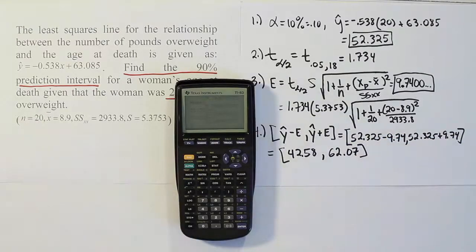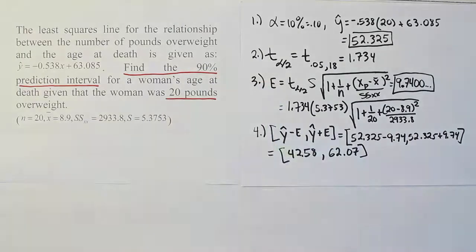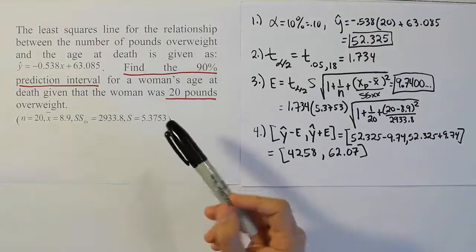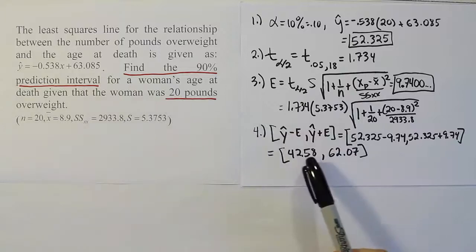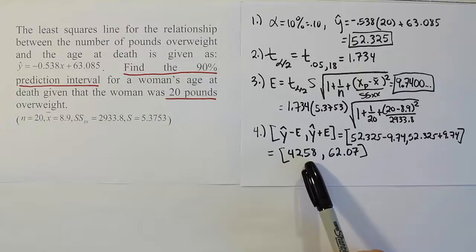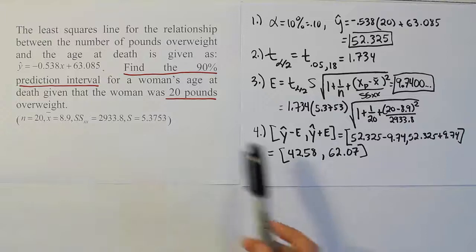Okay, so according to this interval, we are 90% confident that the true age at death for a woman who's 20 pounds overweight will be somewhere between about 42 and a half years to 62 years old. Again, this is a prediction interval, so we're not saying for the average woman who's 20 pounds overweight.